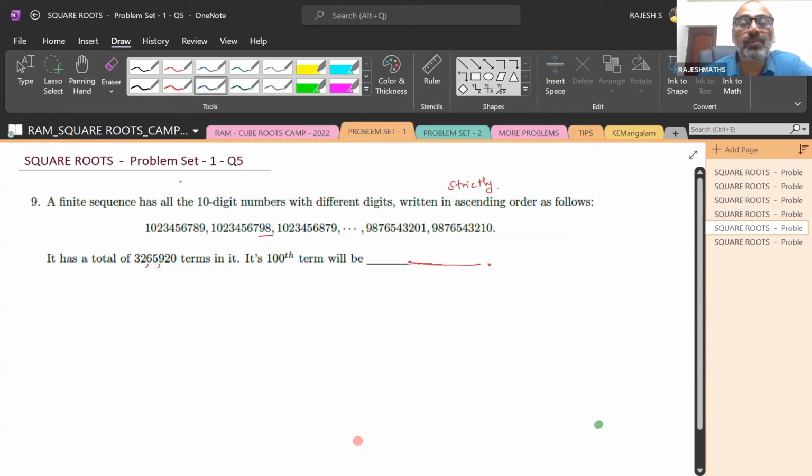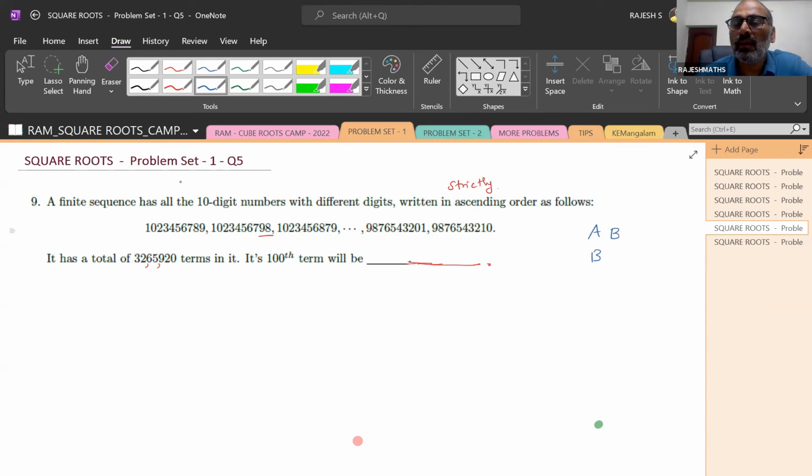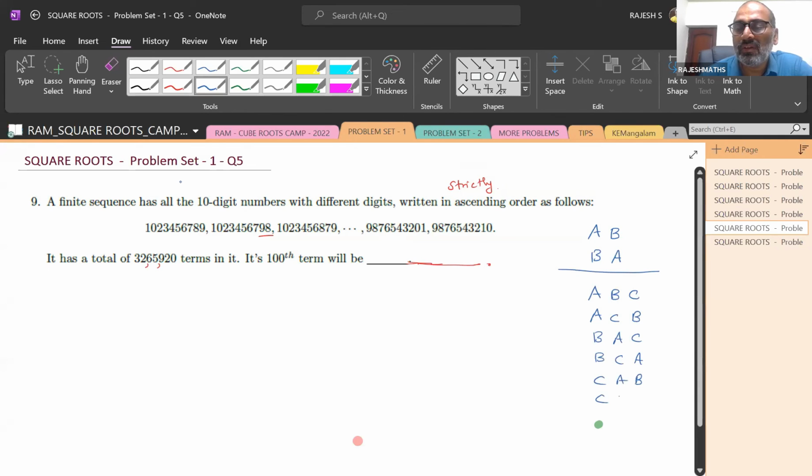So first thing is, we know that if you have 2 terms, AB, then BA, you can write it in 2 different ways. If I have 3, ABC, ACB, BAC, BCA, CAB, then CBA.